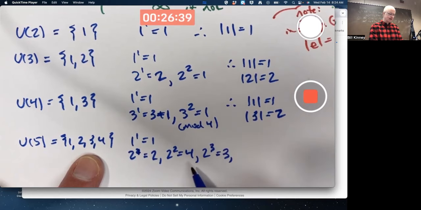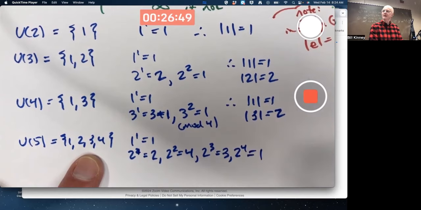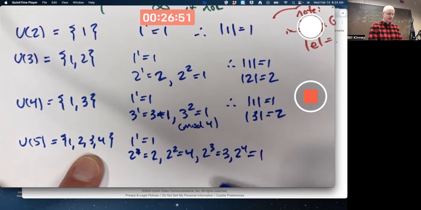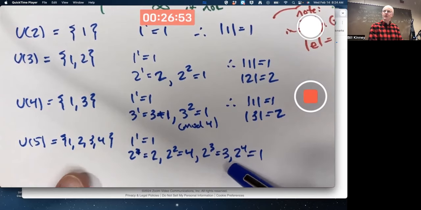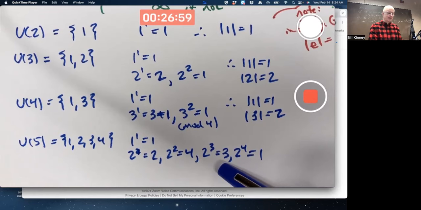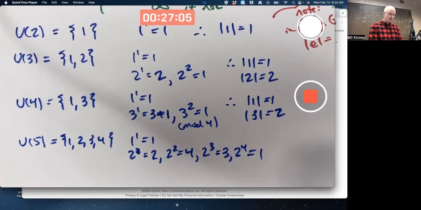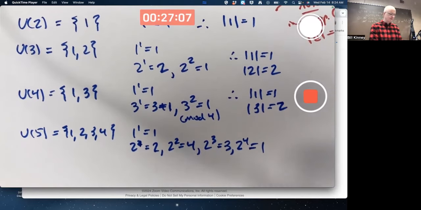You could also think of it as 2 times 4 there. 8. 8 mod 5 is 3. 2 to the 4th is 16. 16 mod 5 is 1. You could also think of it as 2 to the 4th is 2 times 3 because 2 cubed was 3. 6 mod 5 is also 1. You get the same answer. The order of 2 is going to be 4.